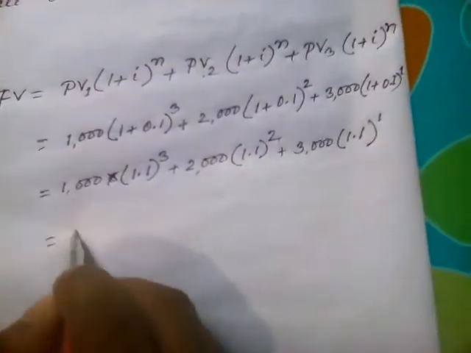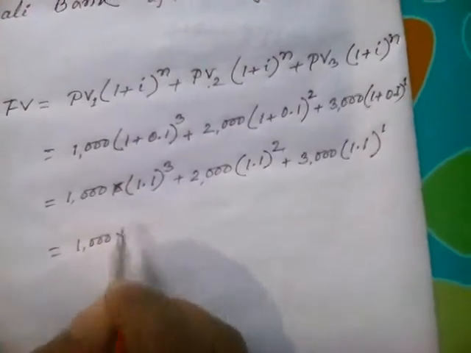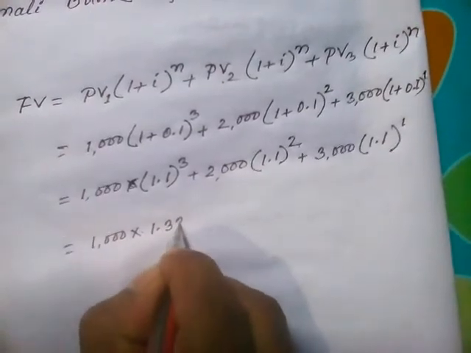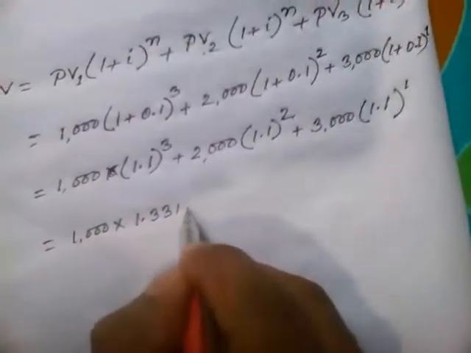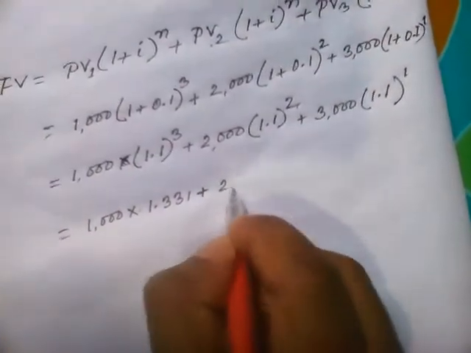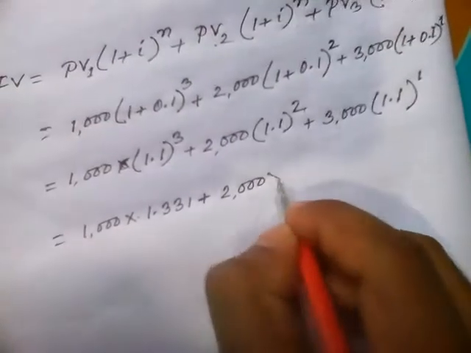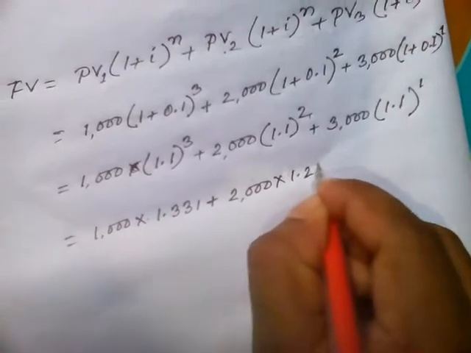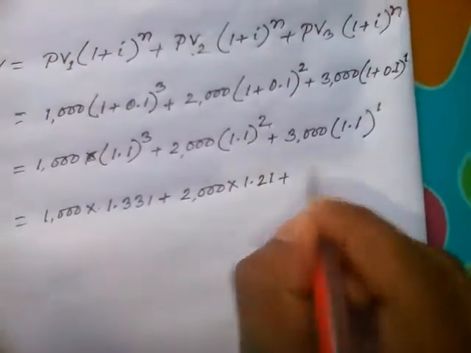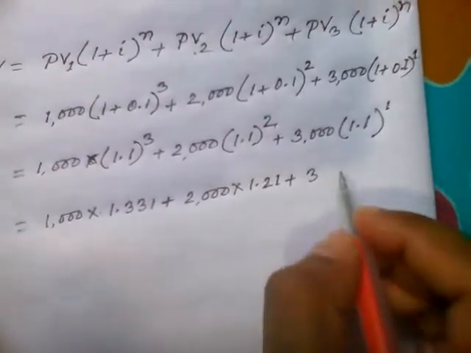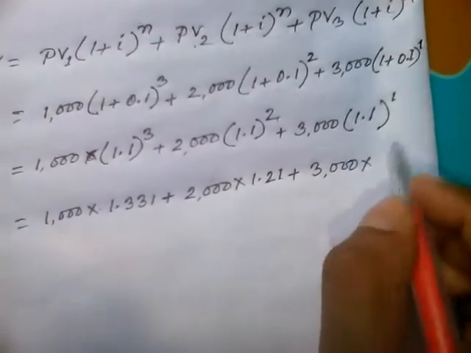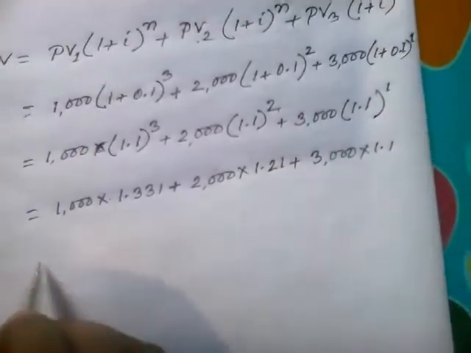Now 1.1 power 3 equals 1.331, if you use calculator you will easily get this value. 1.1 power 2 equals 1.21, and 1.1 power 1 equals 1.1.